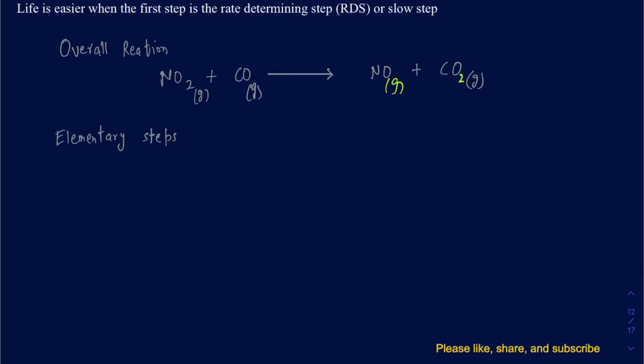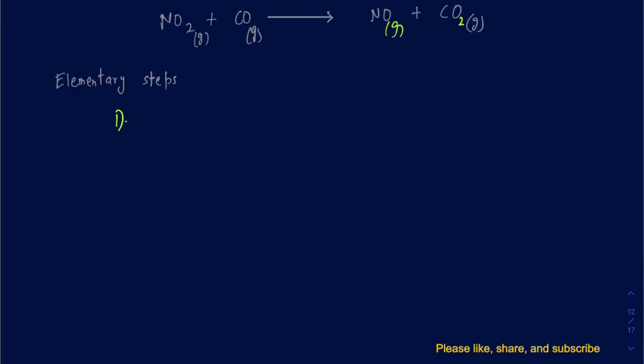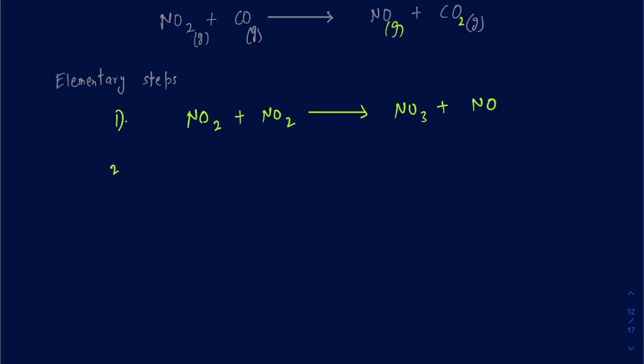When I'm looking at these elementary steps, the first step is going to be NO2 reacting with another NO2 molecule, making NO3 plus NO. And then the second elementary step: since NO3 is the intermediate that's produced in the first step, it's going to get used right away in the second step.